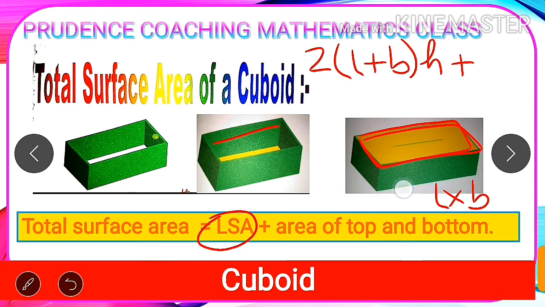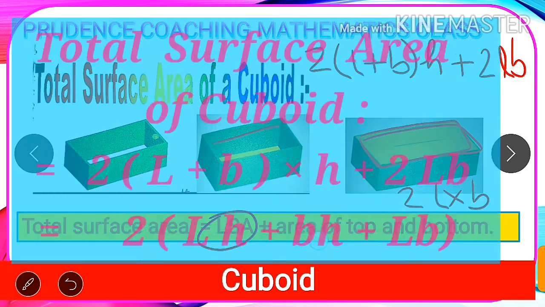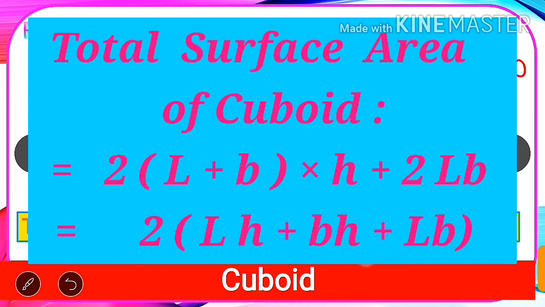So we will get 2 times length into breadth, so we will write here 2LB. So our final formula, if we multiply all this, we will get 2LH plus 2BH plus 2LB, which is the formula of total surface area of a cuboid.